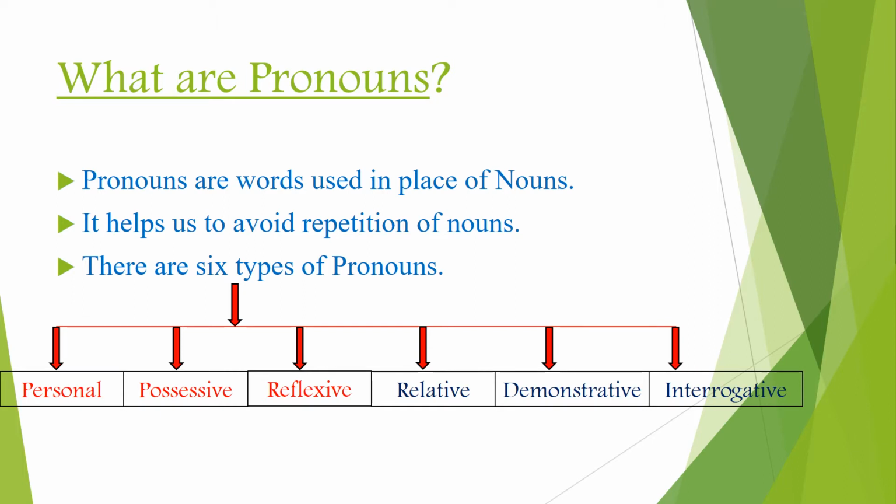If I do not want to repeat the naming word, that is a noun, again and again in a sentence, sentences, or a paragraph, I can use any of these pronouns grammatically correct according to the rules in a sentence.